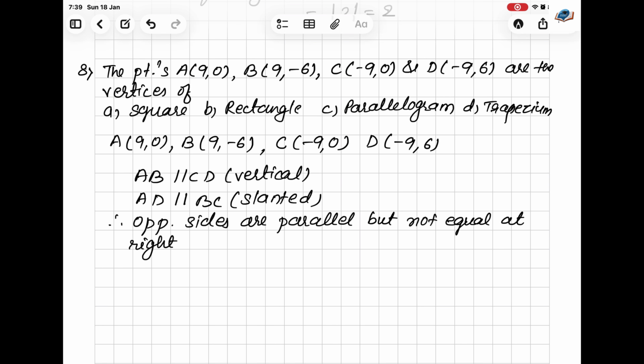So if they are not equal at right angle, it can't be square and rectangle. Therefore it is parallelogram. So my option C will be right, that is parallelogram.